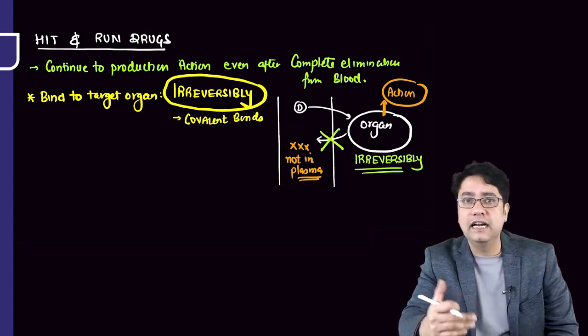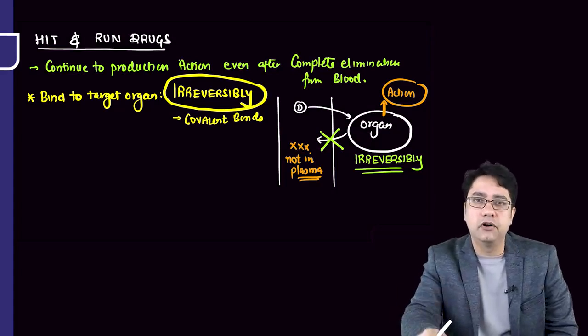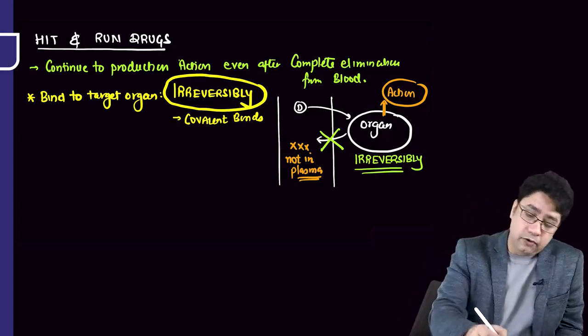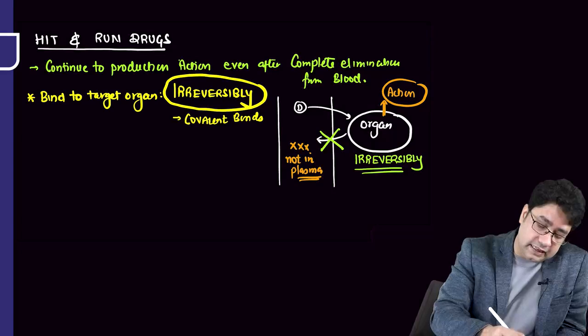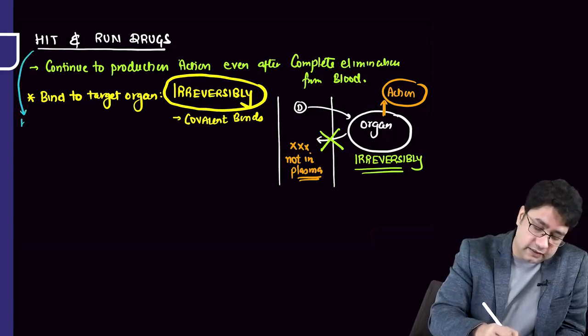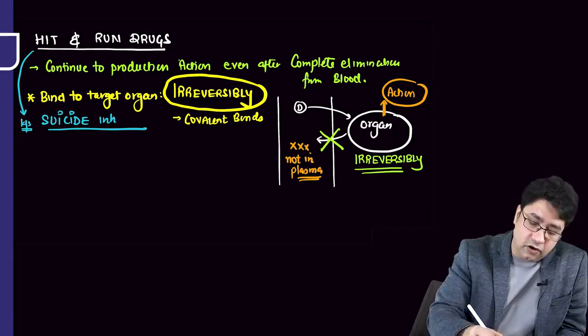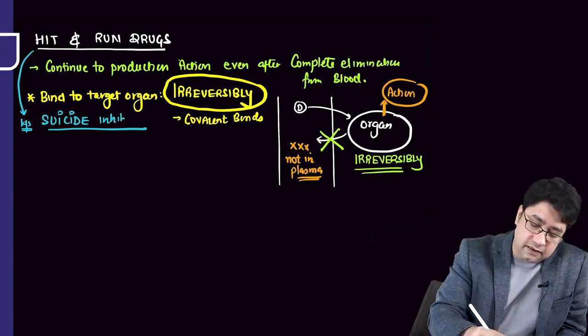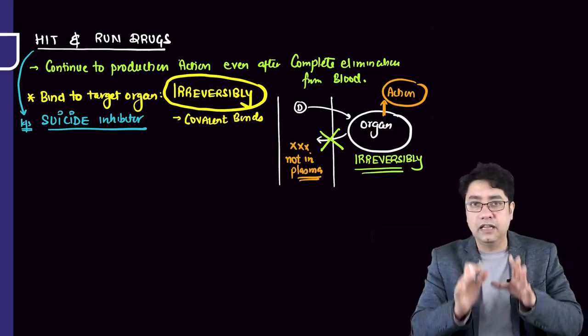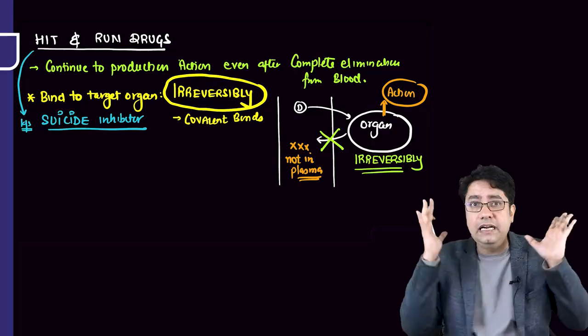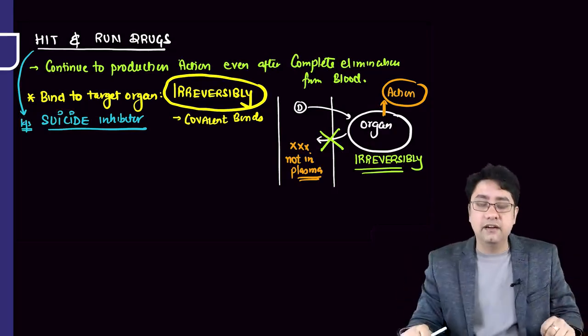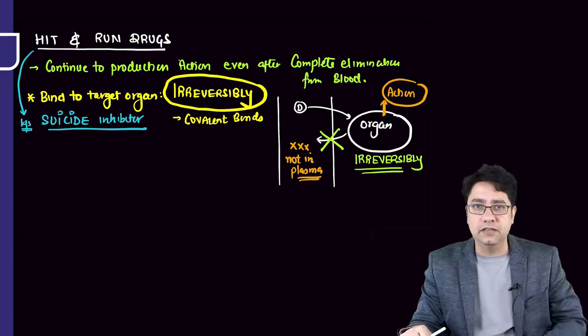Ionic bonds are reversible bonds. Covalent bonds are permanent bonds. Now hit and run drugs are also known as suicide inhibitors. Because let's say if they are binding to some enzyme or receptors inside the organ, can we say that enzyme or receptor will now never work? It is permanently dead. So hit and run drugs are also known as suicide inhibitors.